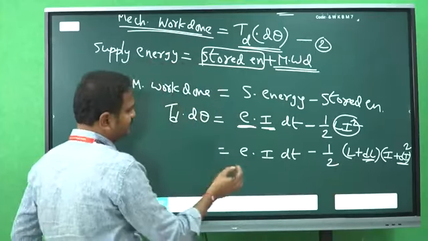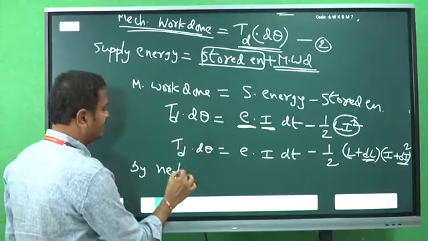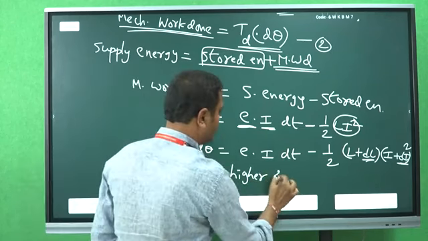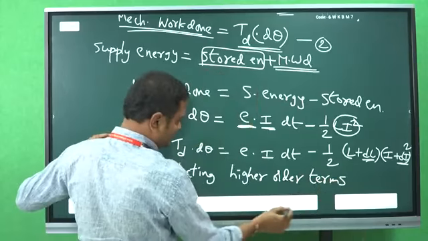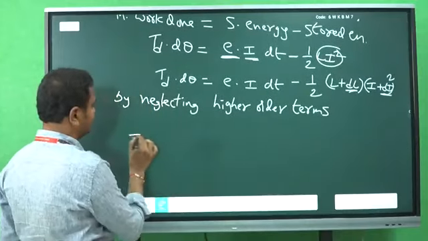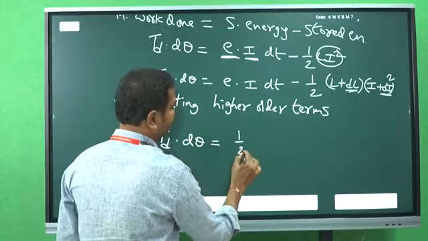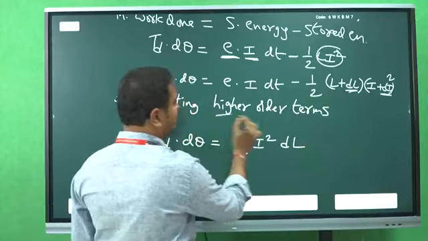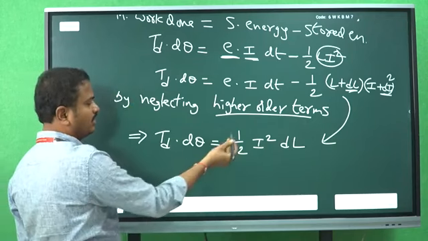Now, by neglecting higher order terms like I square, L I square, L square terms, the mechanical work done Td d theta is equal to half I square dL.